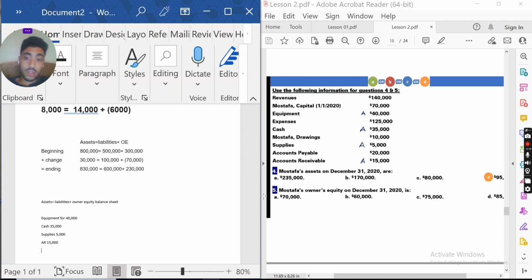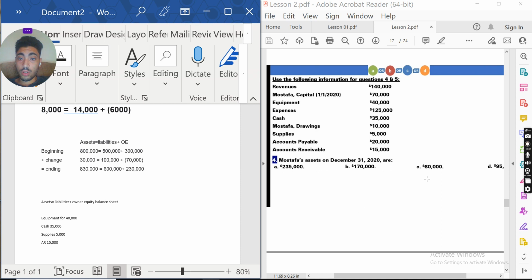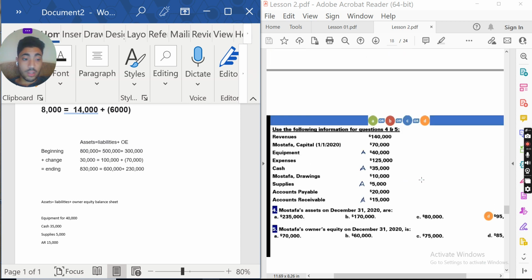Okay, owner's equity. How to get the owner's equity? Can you remember that? Yeah, we can remember that. Let's try to start out with the first one. It's called an income statement. Let's call this Mustafa company, let's try to solve it fast.